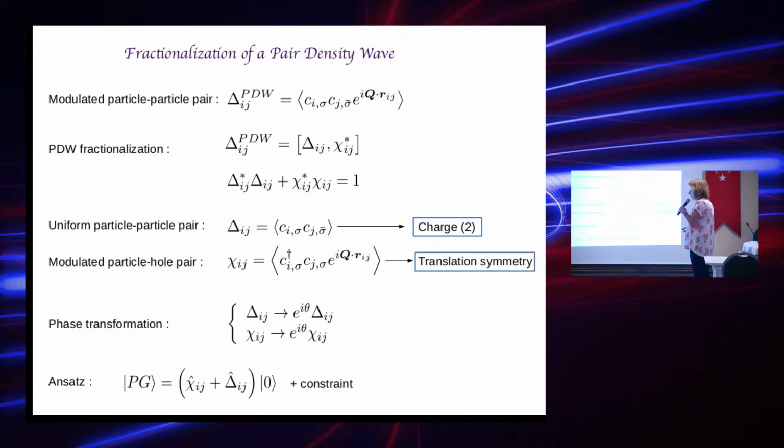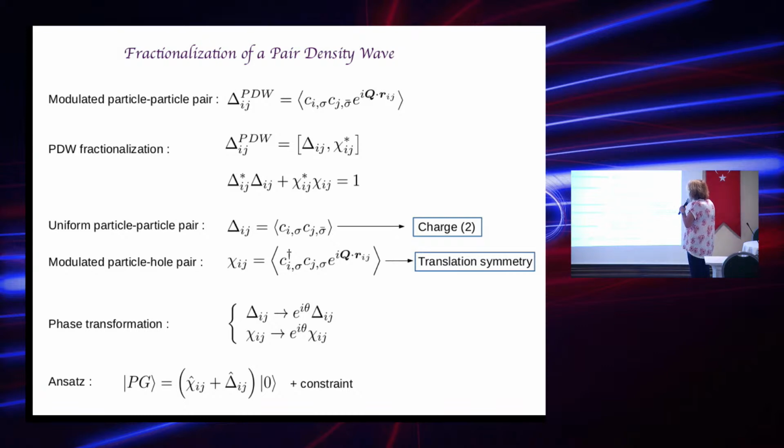A boson which is fragile, which is a pair density wave boson. Here it's in terms of operators. Here is a pair density wave. Write it as a commutator of a charge modulation and a boson corresponding to pairing, so particle-particle and particle-hole modulated pairing.